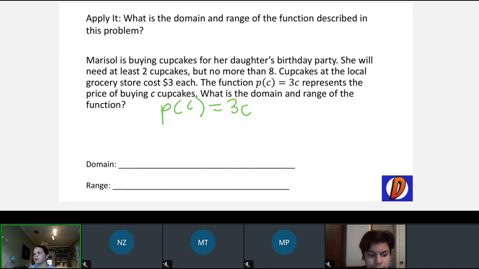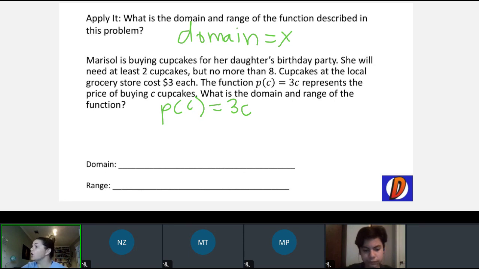Okay, so remember, domain is our x values or our independent. So be careful here because for domain, we want to include all possible x values. So all possible quantities of cupcakes that she's going to buy. So remember, she needs at least 2, right? So she's going to buy either, this is a set, right?